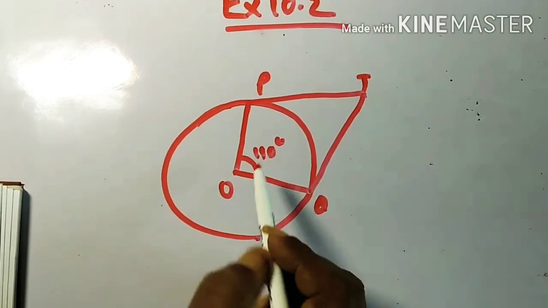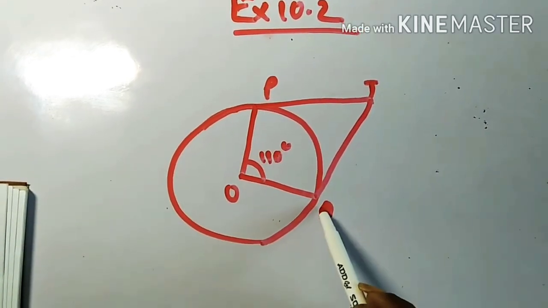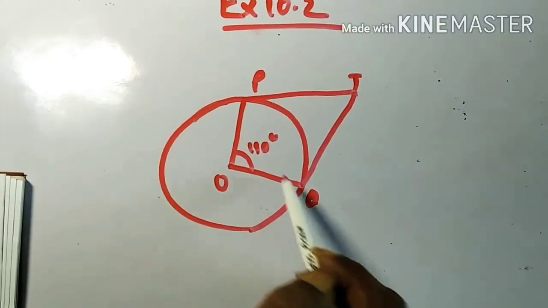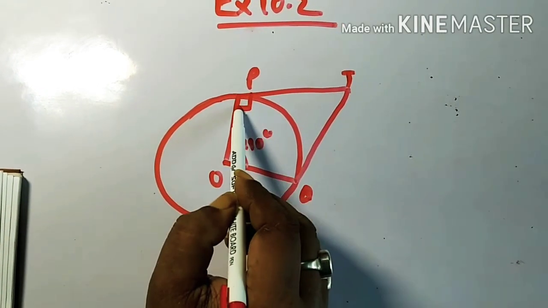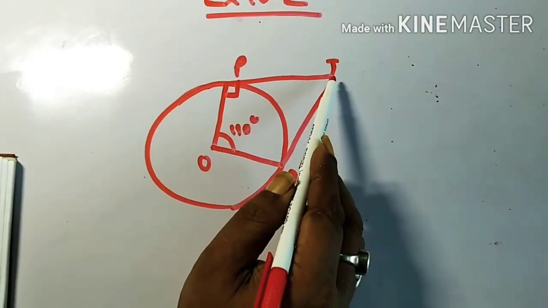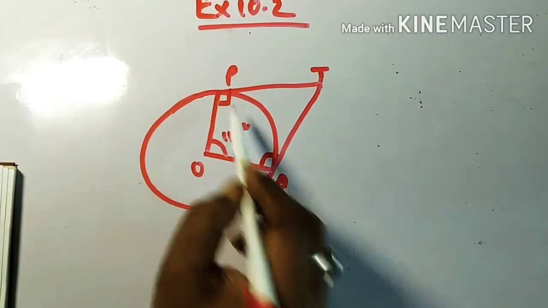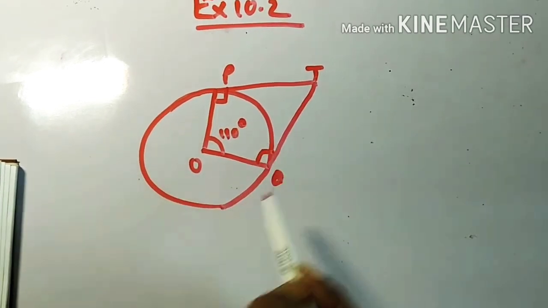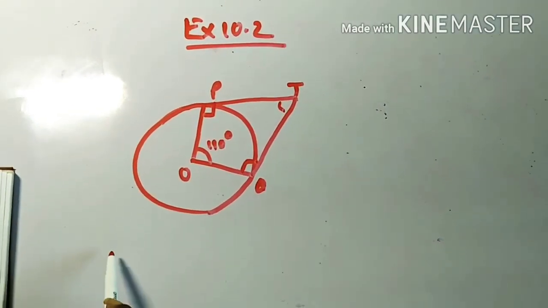Because the radius is perpendicular, TP and TQ, these are the two tangents, and OP and OQ are the radii. So this is 90 degrees. We know that the radius is perpendicular to the tangent. 90 degrees, 90 degrees. We have to find out this value.